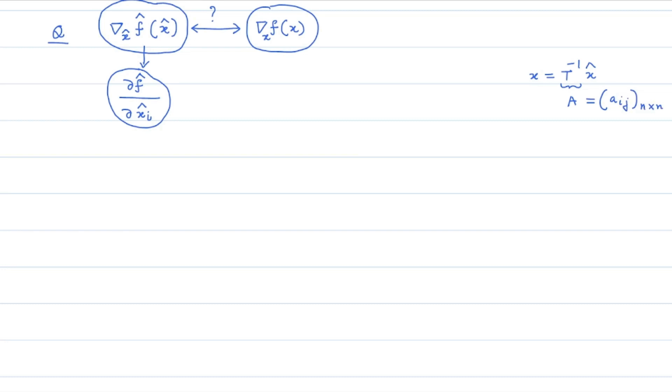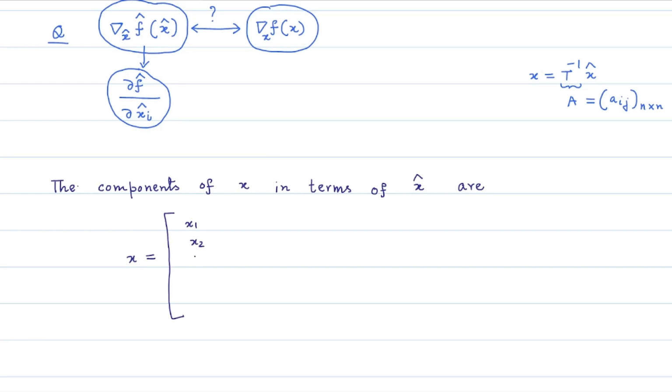By letting T inverse be this matrix capital A, we can write the components of x in terms of the components of x hat: x, the column vector having components x1, x2 and so on till xn, is equal to the matrix capital A times x hat.